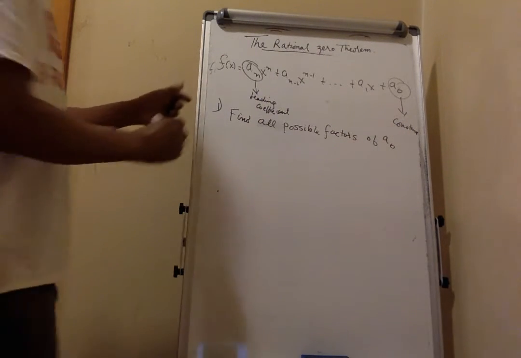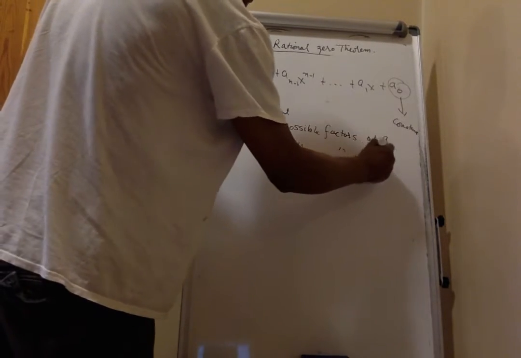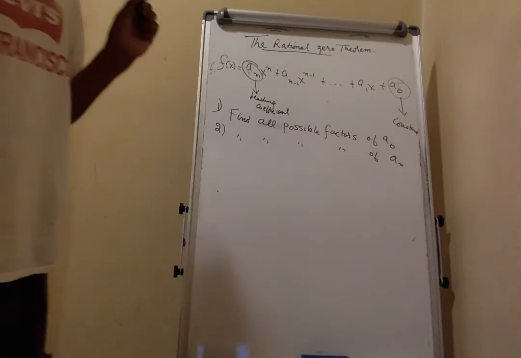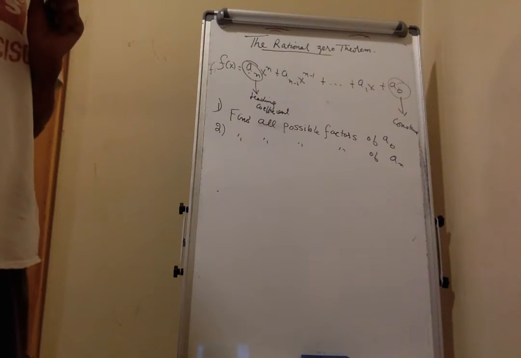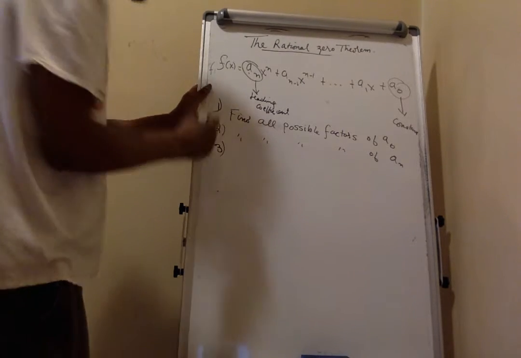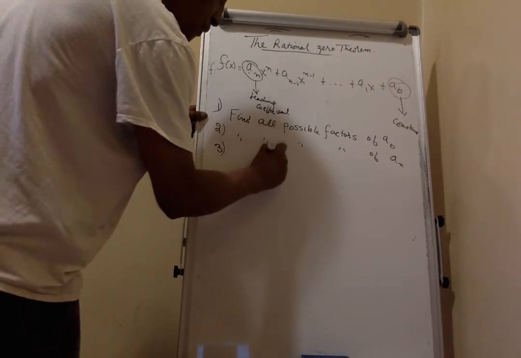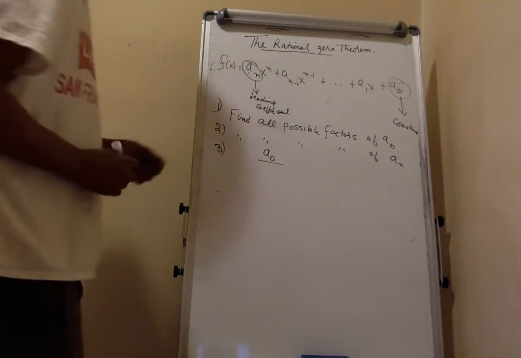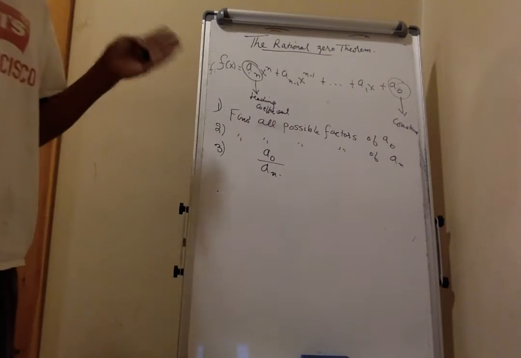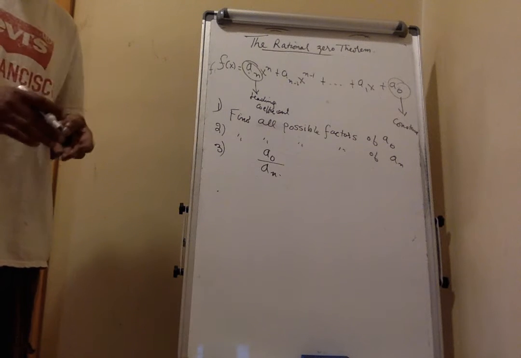Then the second thing that you would do would be find all possible factors of the leading term, a_n. Your zeros, if there are any, would be the ratio of all the factors of a_0 over the factors of a_n. So you can have a bunch of possible numbers that you can use.